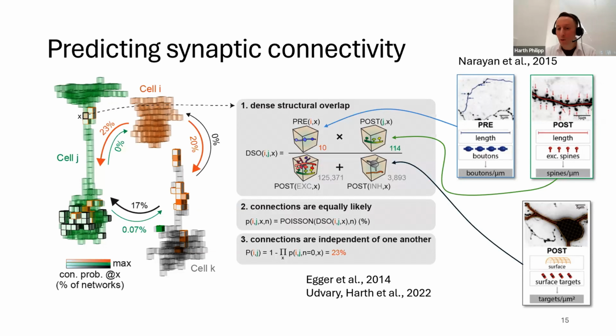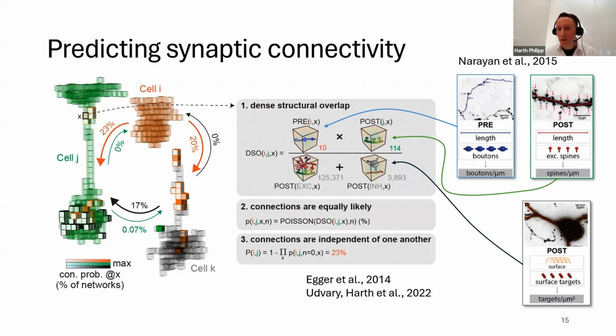Two broad classes of neurons are excitatory and inhibitory neurons. And inhibitory neurons are usually targeted by axons at the surface area of either the dendrite or the soma.